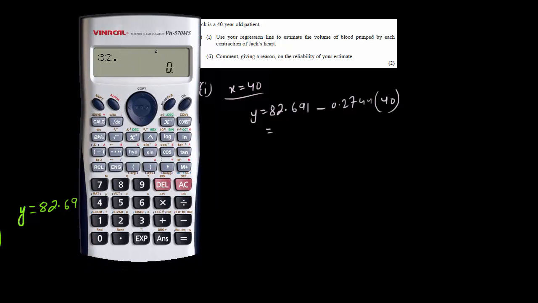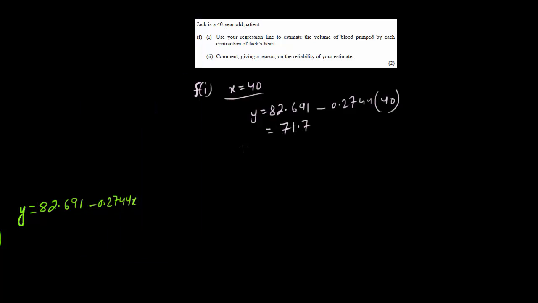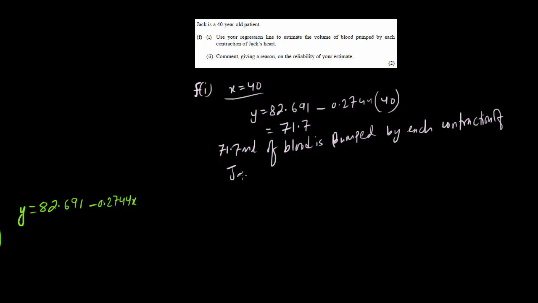So we have 82.691 minus 0.2744 multiplied by 40, and it turns out to be 71.7. So now we have to give some context as we write down the answer. 71.7 ml of blood is pumped by each contraction of Jack's heart.